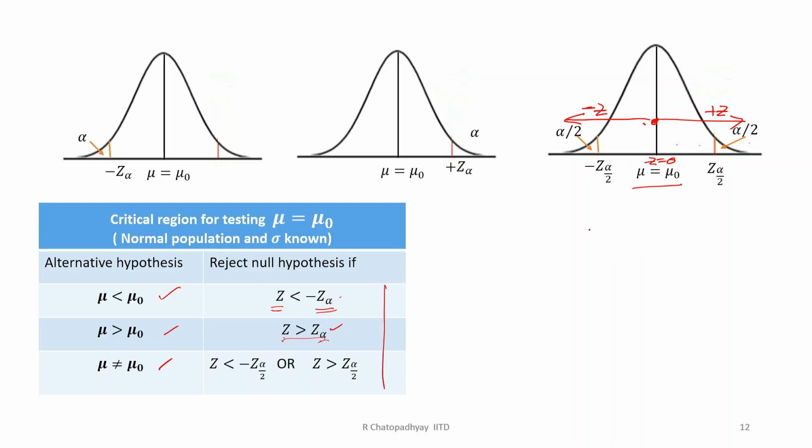So, these are the alternative hypotheses, and correspondingly, if Z is greater than this or Z is less than minus Z alpha, we reject. Or when the alternative hypothesis is mu not equal to mu 0, in that case Z will be less than minus Z alpha by 2 or Z will be greater than Z alpha by 2.